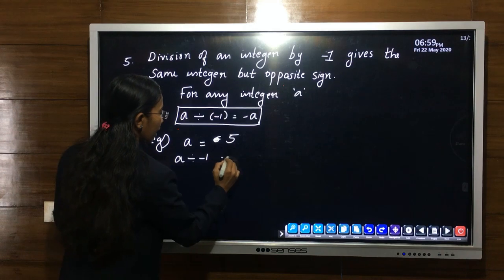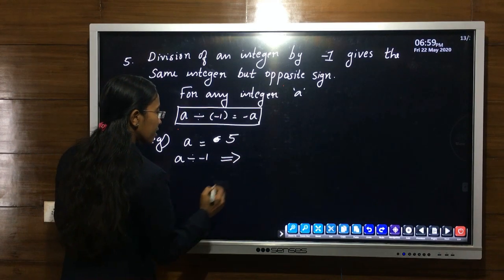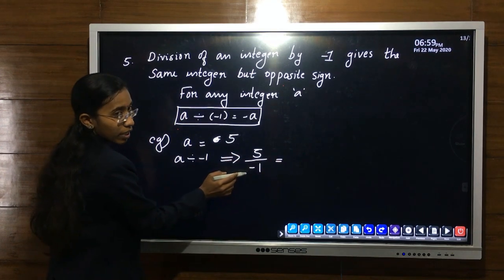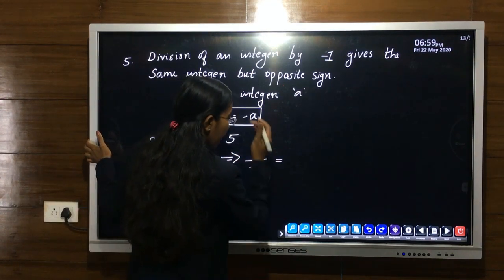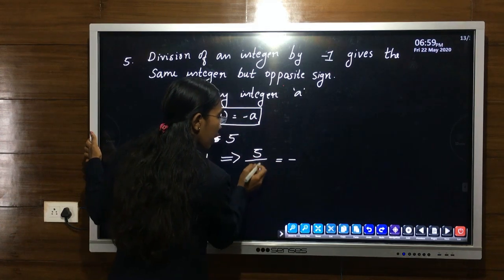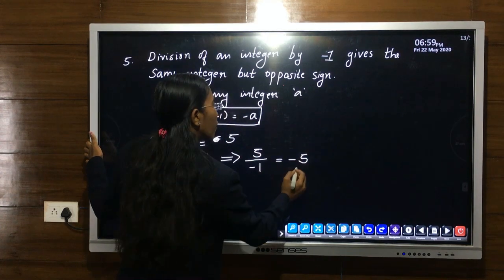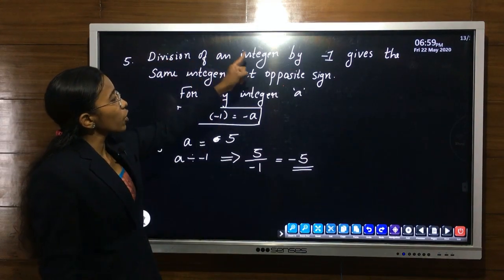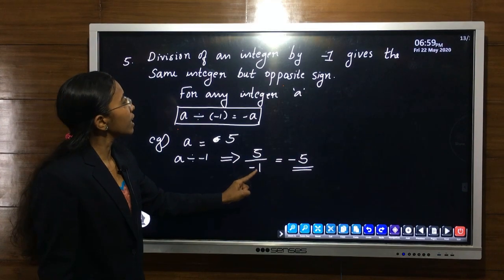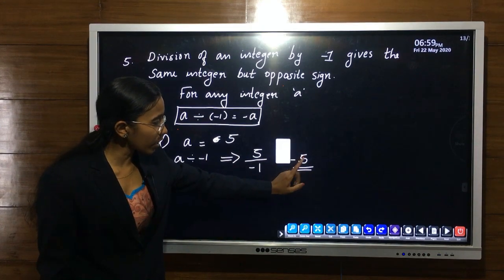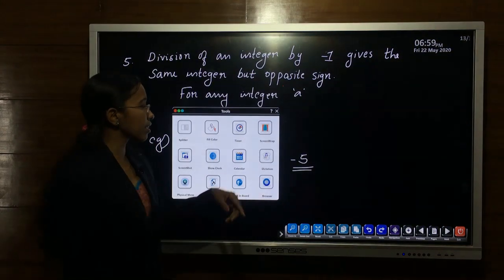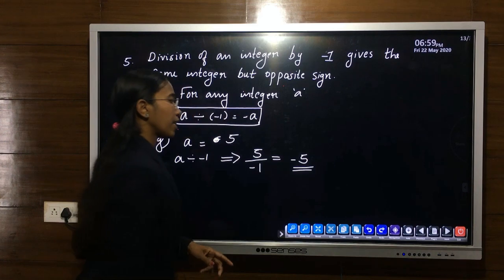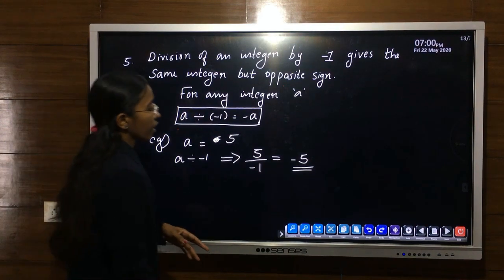A divided by minus 1 implies 5 divided by minus 1. One is positive and one is negative, so our sign is always negative, and 5 divided by 1 is 5. That is, our answer is minus 5. That is, division of an integer by minus 1 gives the same integer with opposite sign. Here minus is the sign. So 5 divided by minus 1 is minus 5.